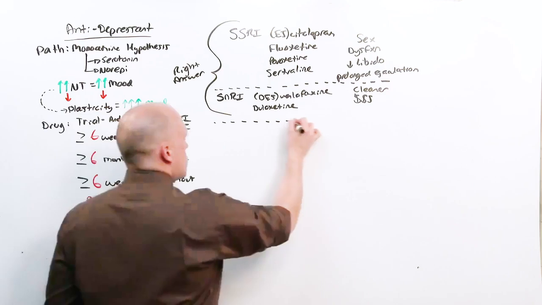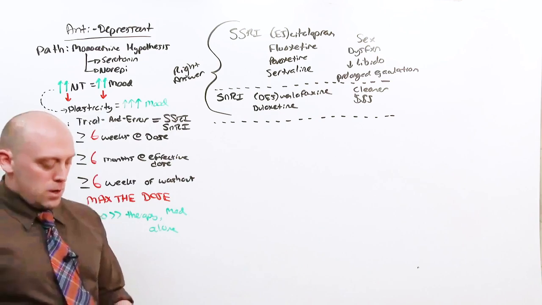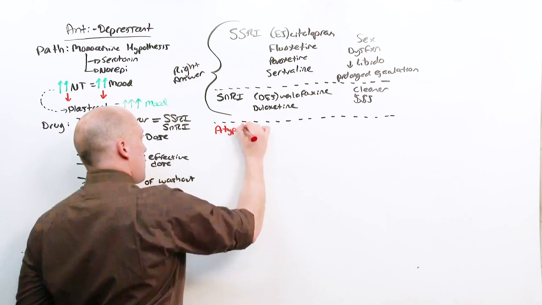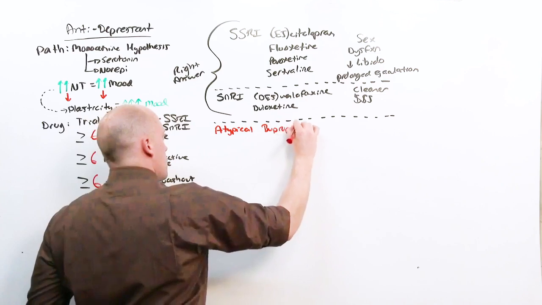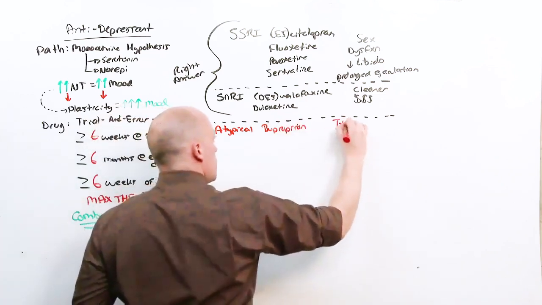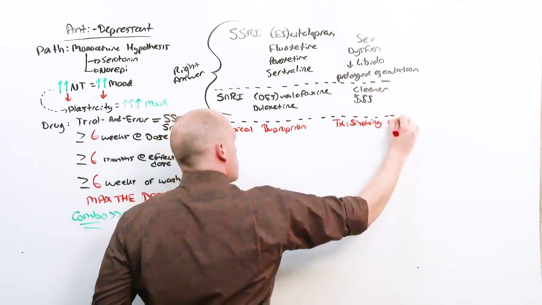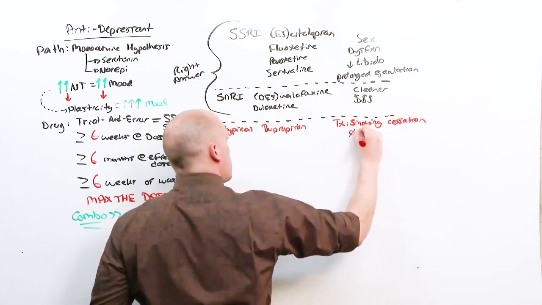It's where you get into these other drug classes that you're going to find really testable information. For example, the atypicals, of which there's only one I want you to learn, bupropion. Bupropion is good at helping people quit smoking. And even though they quit, they don't gain weight.